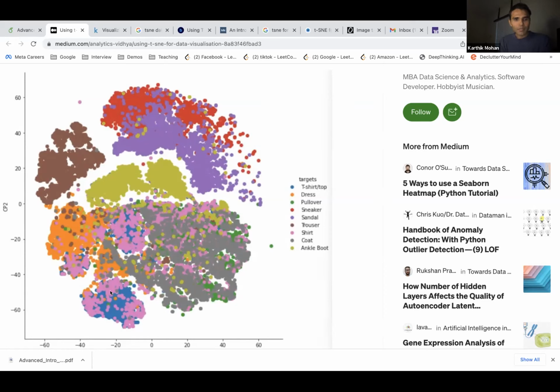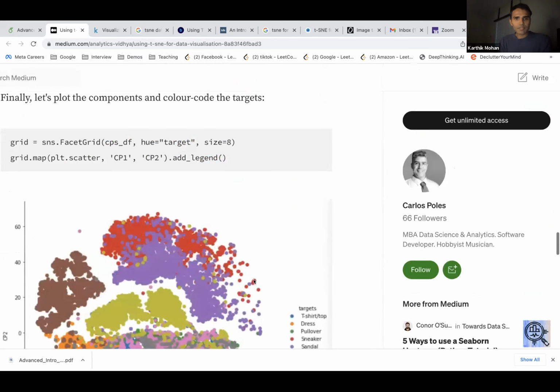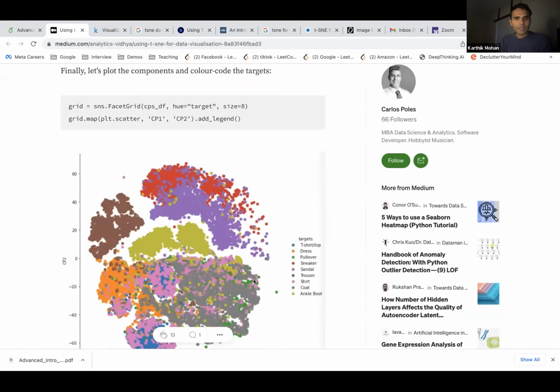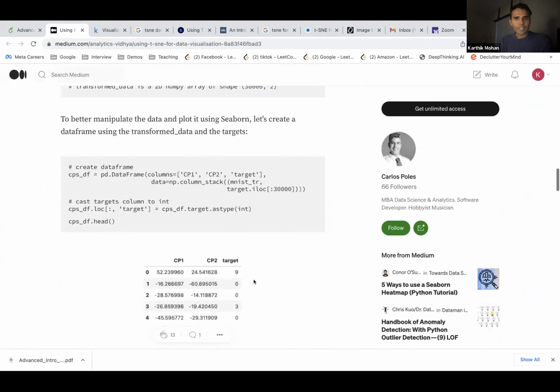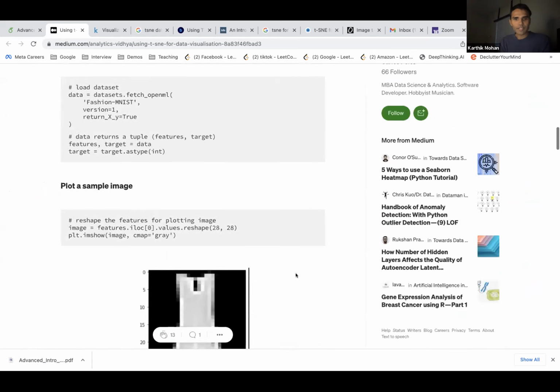And then you see the pink is also overlapping with blue, which is t-shirt overlapping with shirt, which also makes sense. T-shirt and shirt are very close to each other. So you can expect some overlaps there. So t-SNE visualization gives you something like this on the MNIST. Pretty useful thing for data visualization and understanding how your data softly clusters.